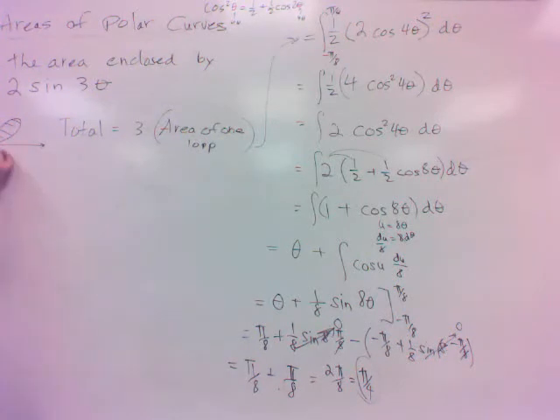Okay, so I'm going to find the area of this one loop right here. How would I find the area of that one loop? Call it loop 1. Well, like we said, that's going to take it from one r equals 0 to another r equals 0. And that will translate, if I do it as y equals 2 sine of 3x, into y equals 0 to y equals 0, which is x-intercepts. What does that look like?